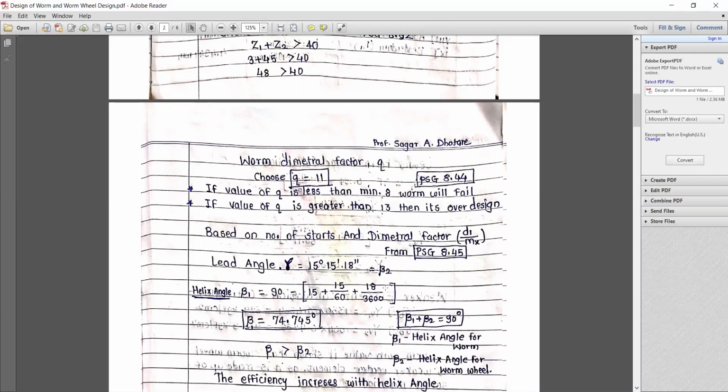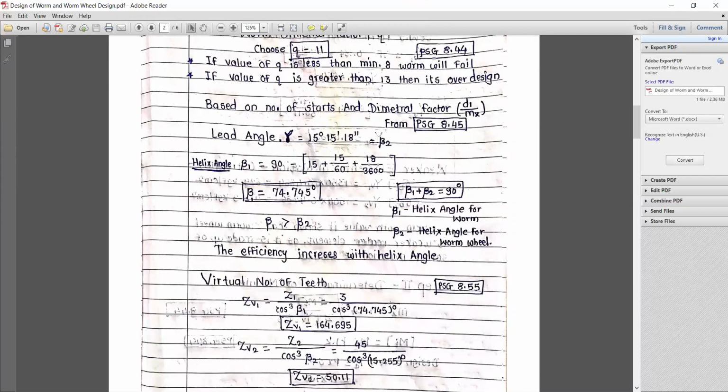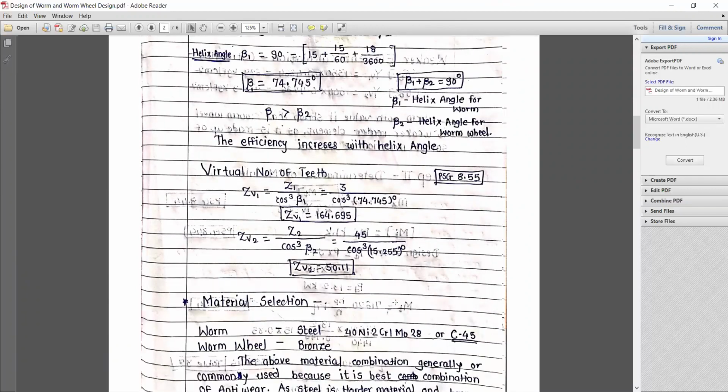We have converted it properly, and what we get, the helix angle beta 1 is equal to 74.5 degree. What we see is that beta 1 should be greater than beta 2. If this condition occurs, the efficiency normally increases with respect to the helix angle.